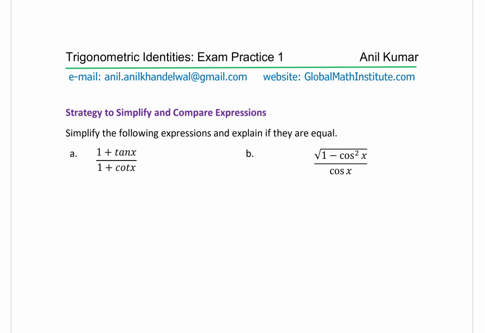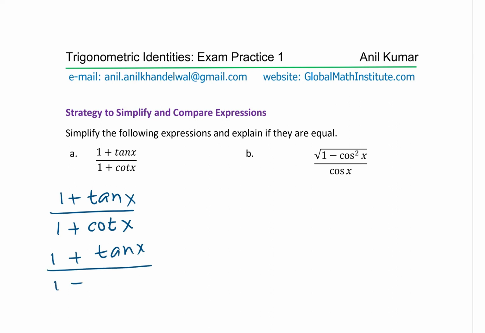So the very first one here is 1 plus tan x over 1 plus cot x. Since we already have tan x and cot x, it's a good idea to convert cot into tan using the reciprocal identity. So I could write this as 1 plus tan x over 1 plus 1 over tan x.